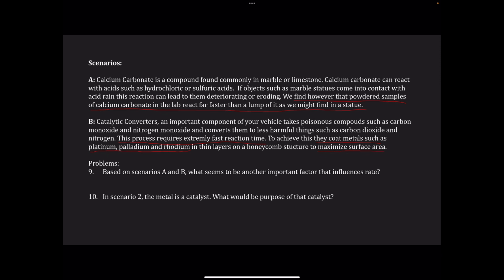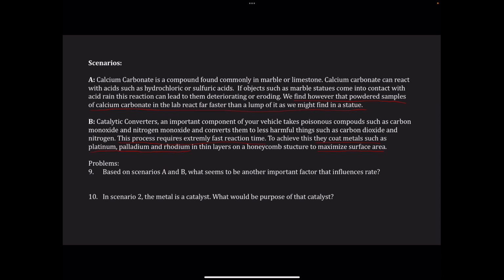So based on both of these scenarios, we're asked what seems to be another important factor that influences rate. In scenario A, we have powdered samples reacting quicker than lumps of a sample. In scenario B, we're told we have to create a thin layer to maximize surface area.